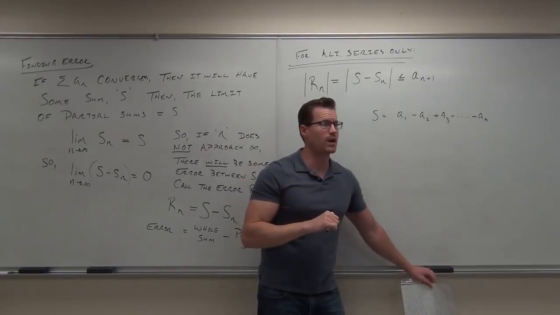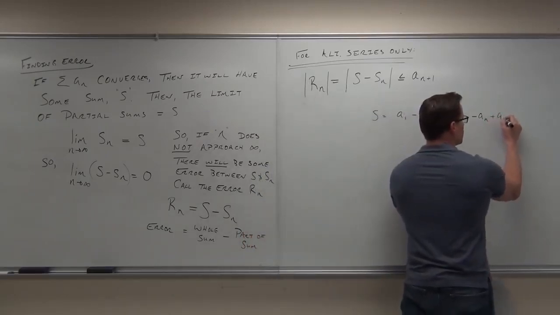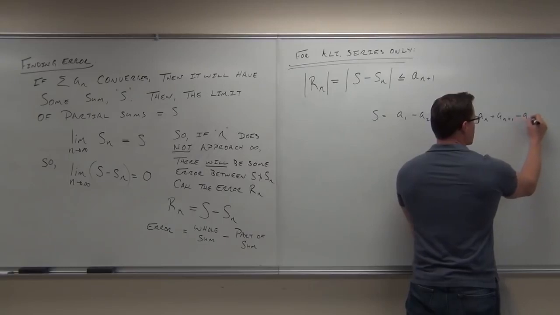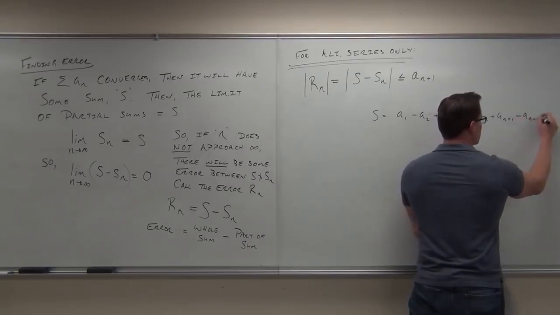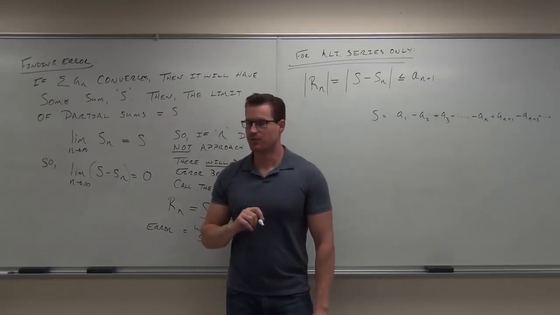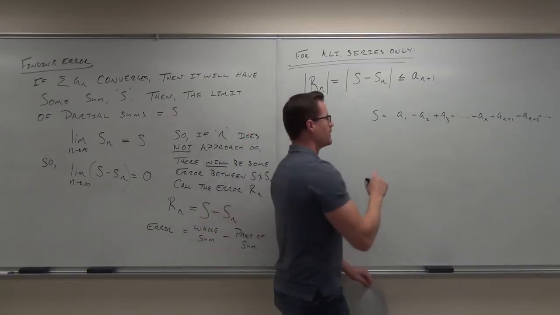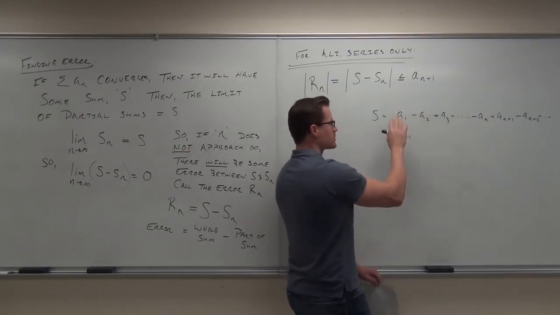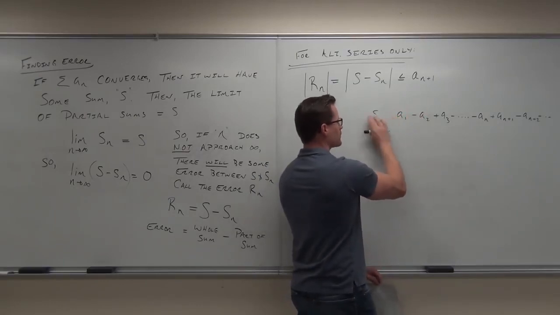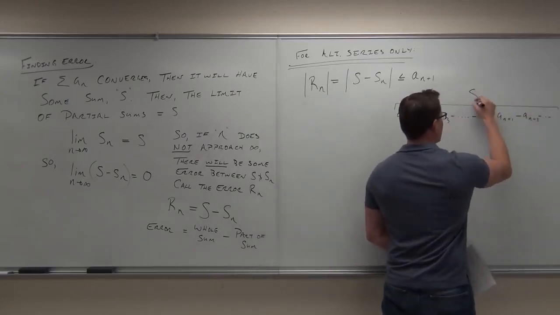S would go forever. S never stops. So S would go on with a sub n plus 1 minus a sub n plus 2 plus, and it would go forever and ever. Does that make sense to you? Now here's the deal. This is all of S. So this is the whole thing. I'm going to write it a little differently. This whole thing is S.